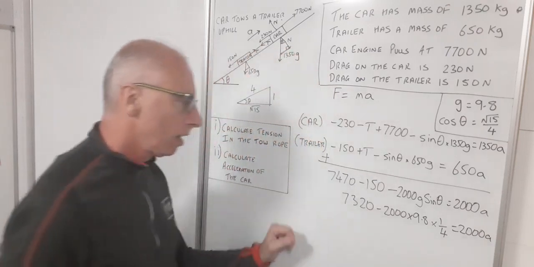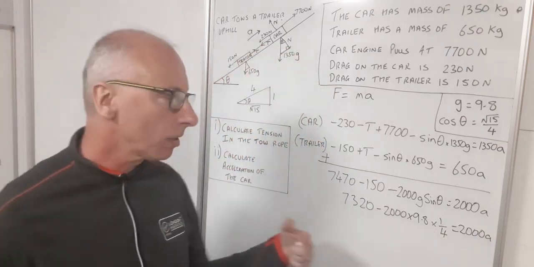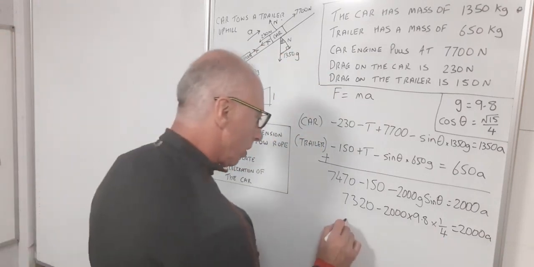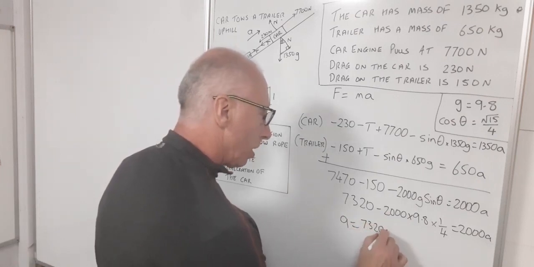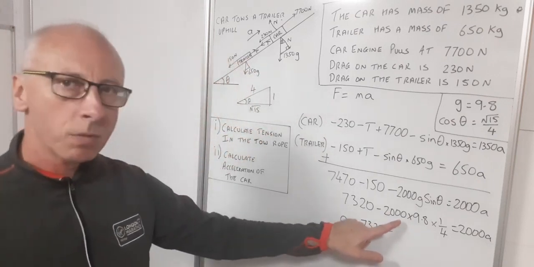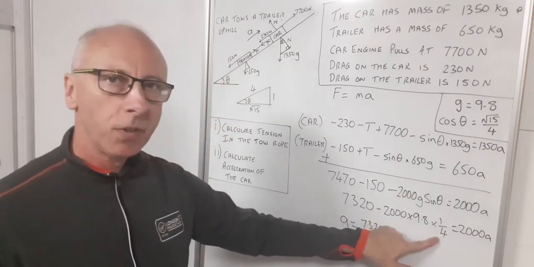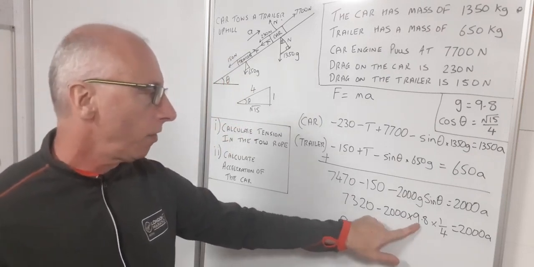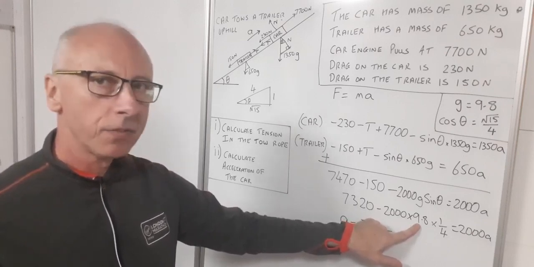equals 2000a. So now I've just got numbers here, I've got an a here, so divide this side by 2000, and I'll get a on its own. So now acceleration equals 7320 minus, let's do some simplification before we plug it into the calculator. 2000 divided by 4 is 500. 500 times 9.8, or 5 times 9.8, is 49.